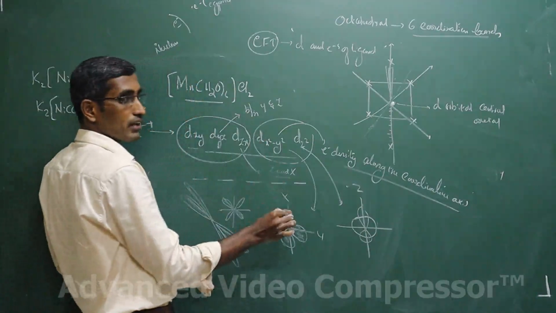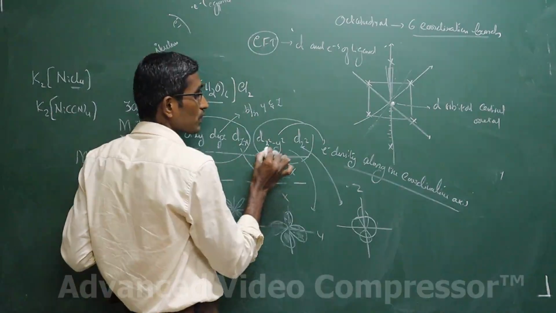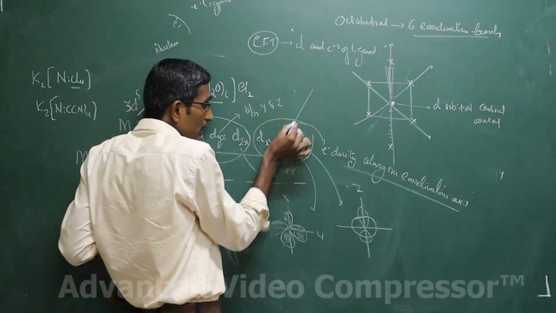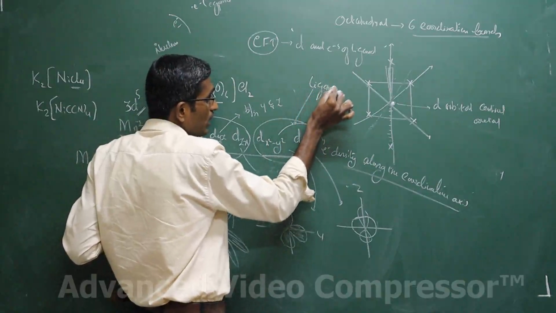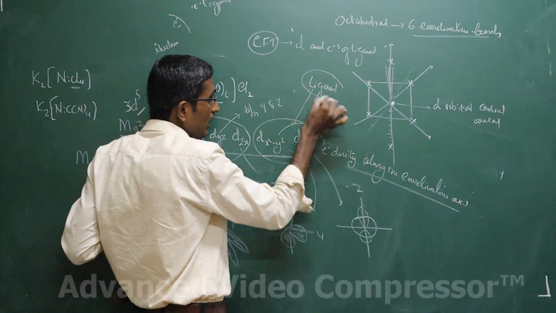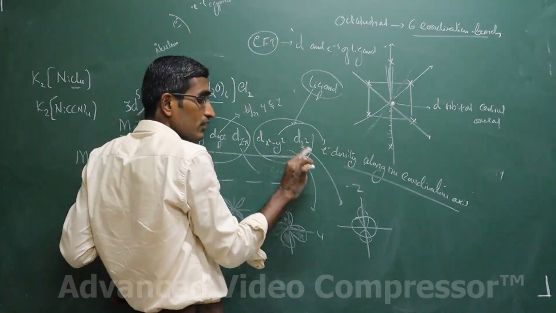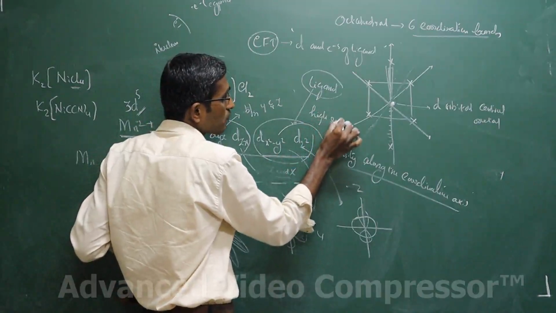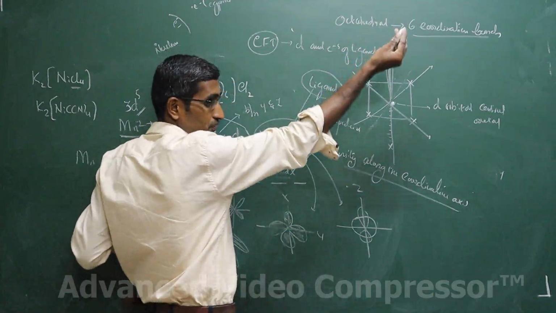In other words, in the octahedral field, the dx square minus y square and dz square orbitals, whose lobes are along the coordination axis, will have a direct encounter from the ligand. That means the electron-electron repulsion between the ligand electrons and the d electrons present on the dx square minus y square and dz square orbitals will be high, or this energy will be raised.